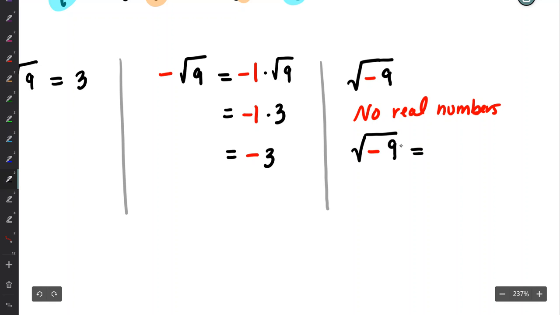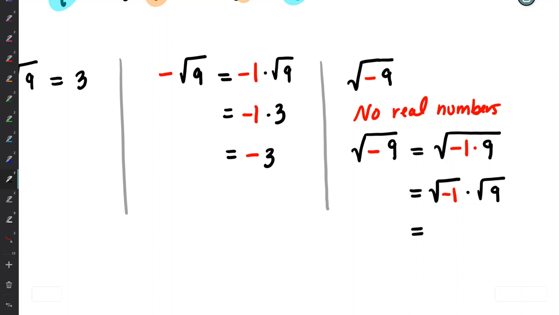The square root of negative 9, well, that negative 9 is a minus 1 times 9. Using my product property, I can take the square root of minus 1 on its own times the square root of 9 on its own. And the square root of negative 1 is this new number, i. The square root of 9 is 3.